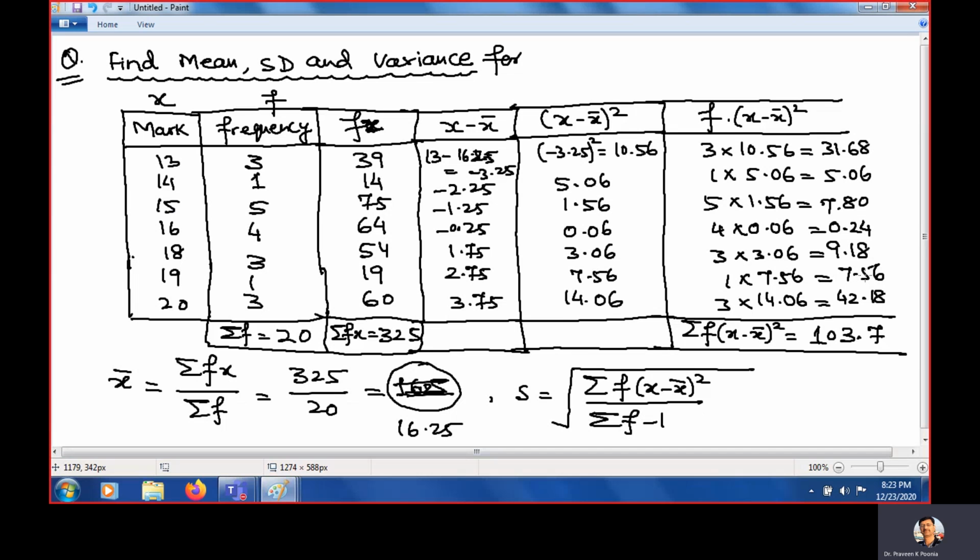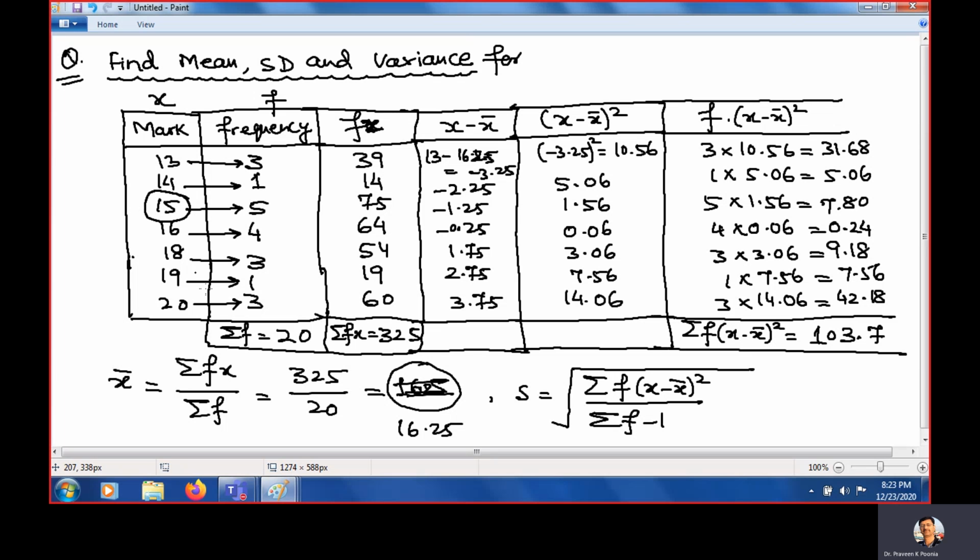I may ask you one question. Can you please tell me what is the mode in this question? Mode is the value that repeated the maximum number of times. Frequency means the number of times of repetition. That means 3 students got 13 marks, 1 student got 14 marks, 5 students got 15 marks, 4 students got 16 marks, 3 students got 18, 1 got 19 and 3 got 20.